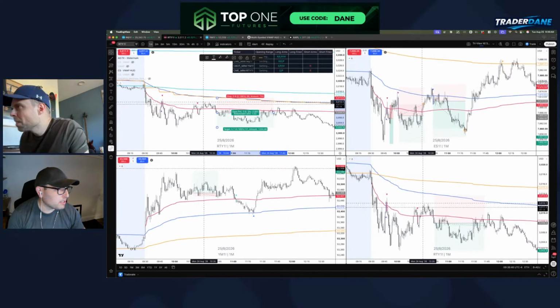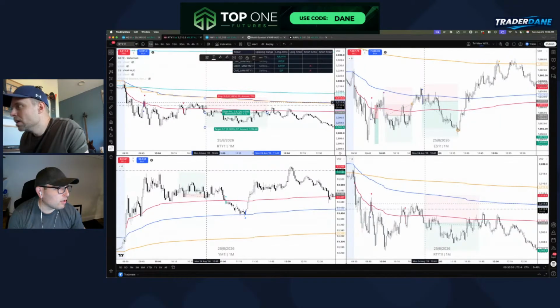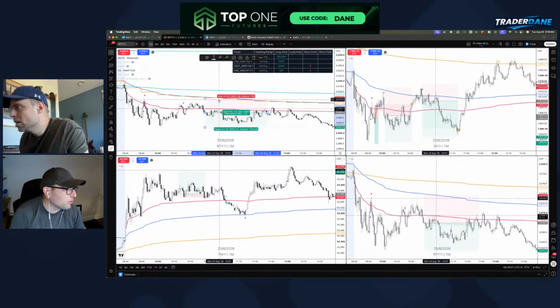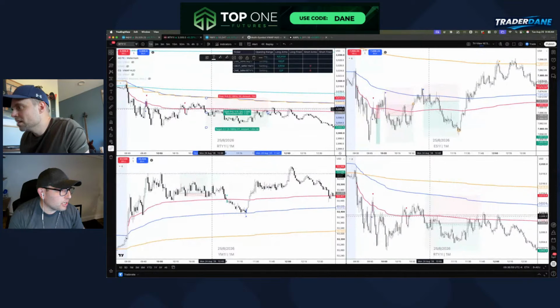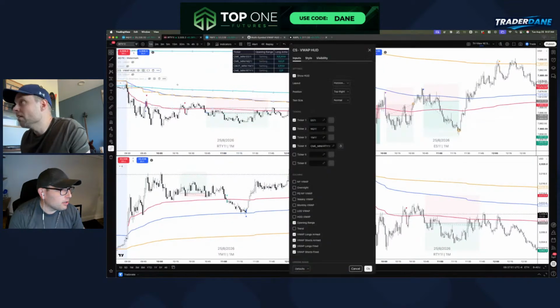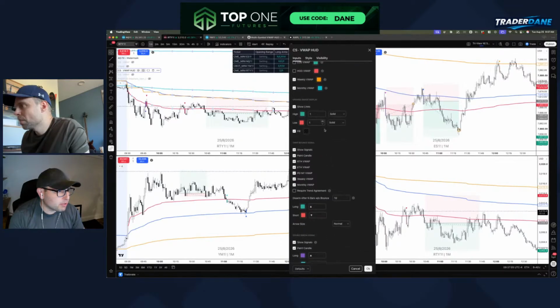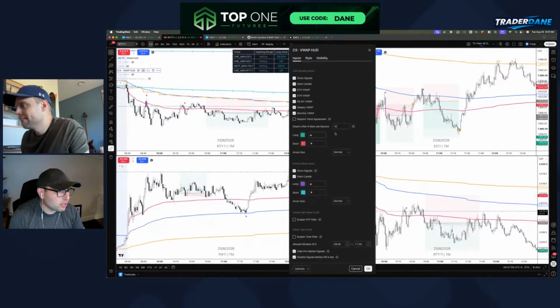We spent time above VWAP for 30 minutes, and then all of a sudden we reclaimed VWAP and there was a bounce signal, but it was a bad one. I don't want to take that. It's been above VWAP for 30 minutes. So that negates the possibility of a VWAP bounce, and you can change how many bars you want. I set the default to 10.